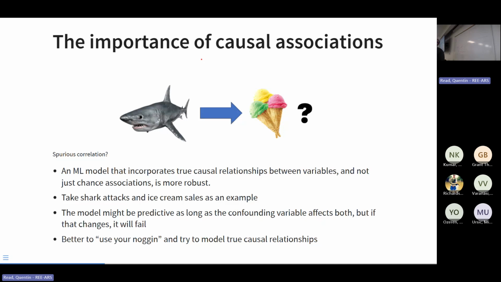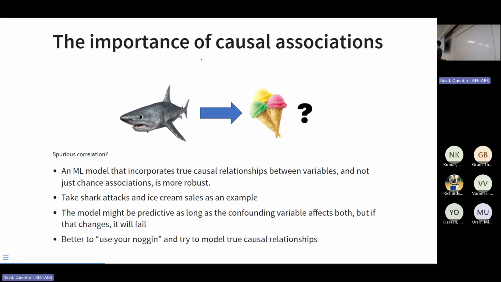The classic example is that in times of year when shark attacks are higher, ice cream sales are also higher. That's because they both occur more in the summer. If they're perfectly correlated, let's say, you could make a predictive model, collect data on shark attacks, and use that to predict how many ice creams would be sold.